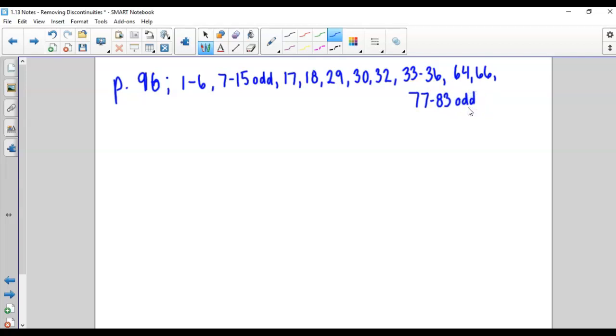So, 1 through 6 are graphs there. 7 through 15 are one-sided limits that really went with the work before, but we didn't do it.